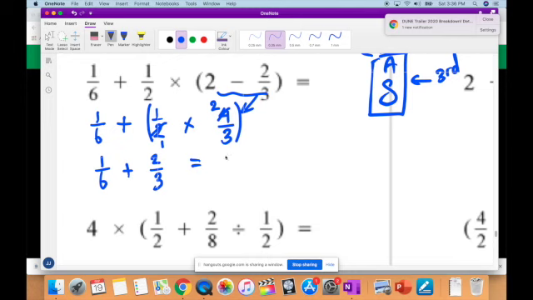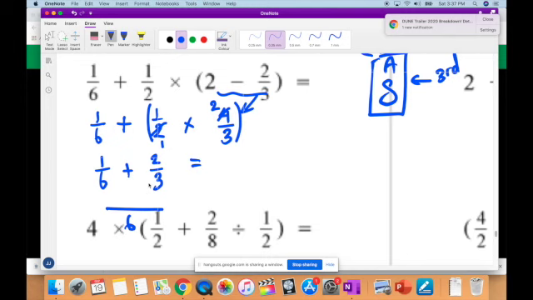1 plus 4 over 6. You find the LCM of 4, 6, and 2, which is 6, and then add. And then you can cross multiply.